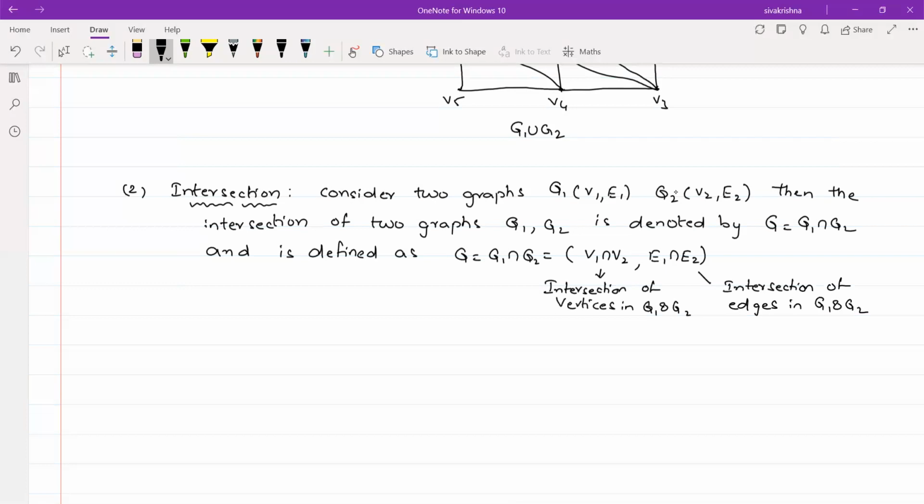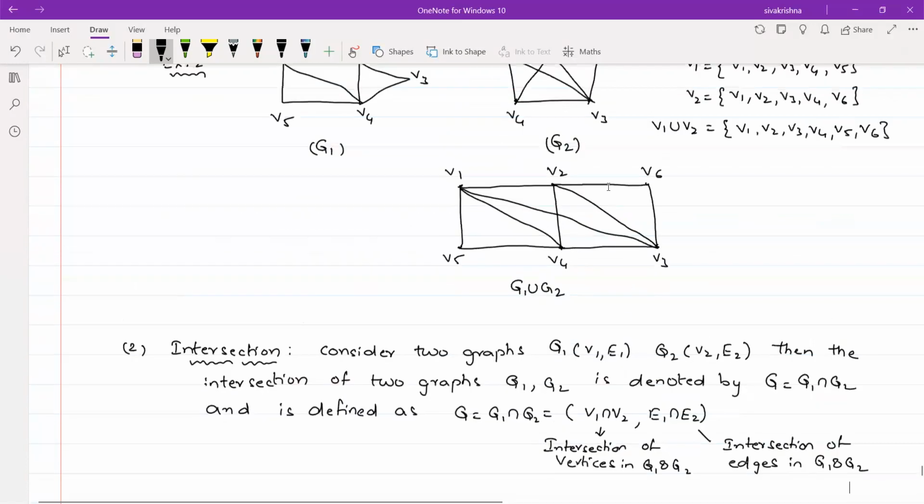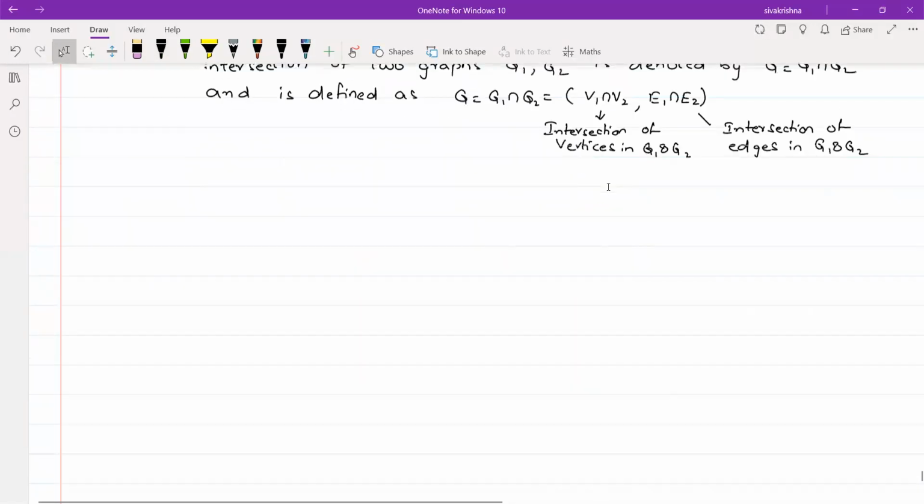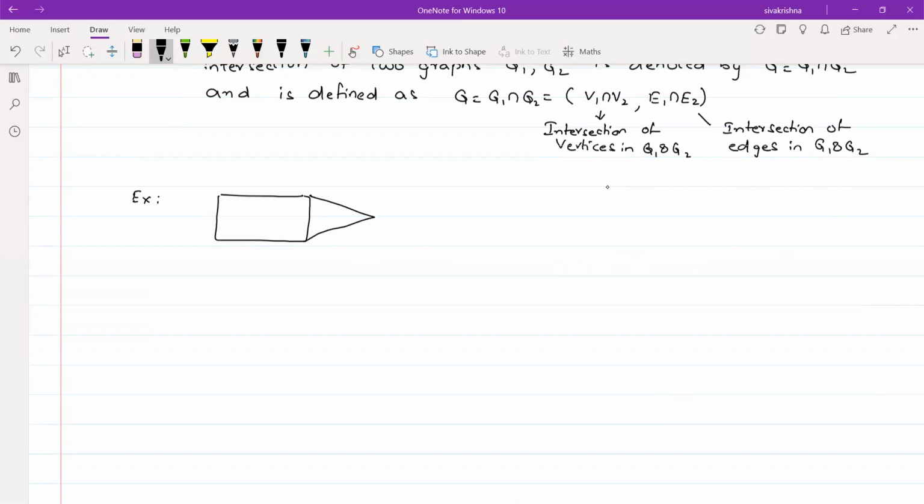In order to understand this particular definition, once again I am going to give you one example. In the above example, example 2, I am drawing that particular example once again. This is graph 1.